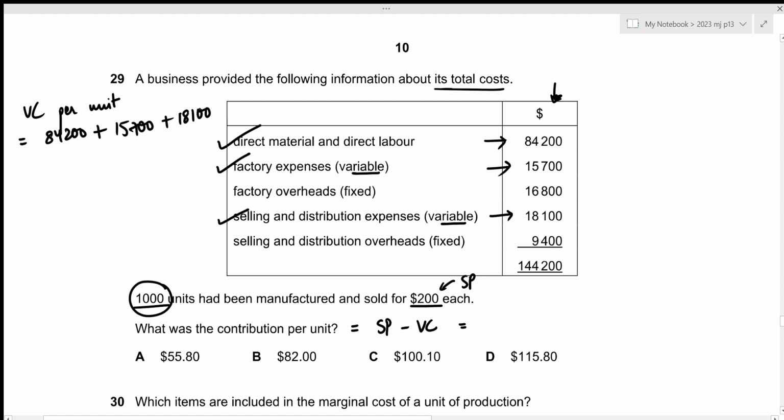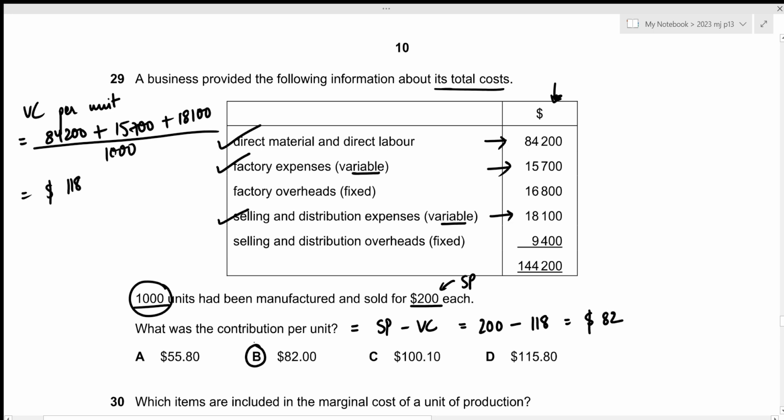Now, in order to figure this out per unit, we just divide it by 1000. This gives our variable cost per unit to be 118. So our selling price per unit is 200 minus the variable cost per unit of 118, which gives the contribution per unit to be 82. This is given in option B.